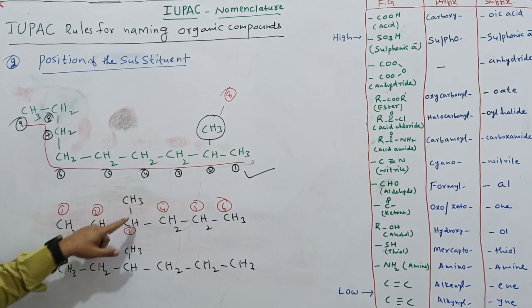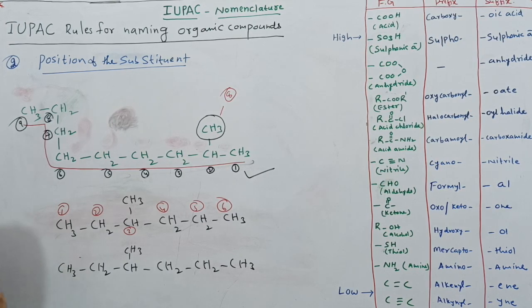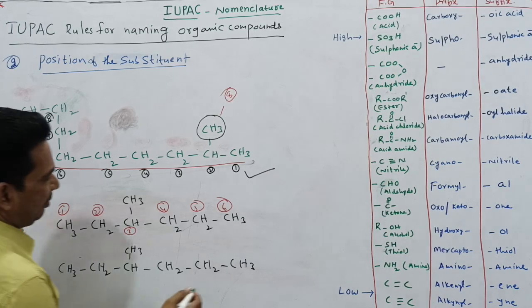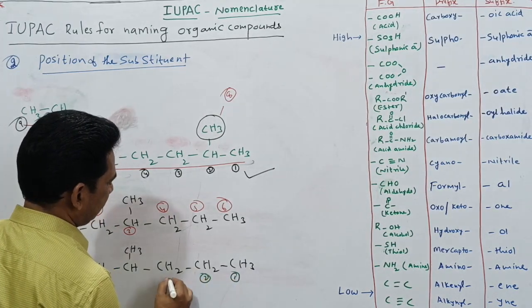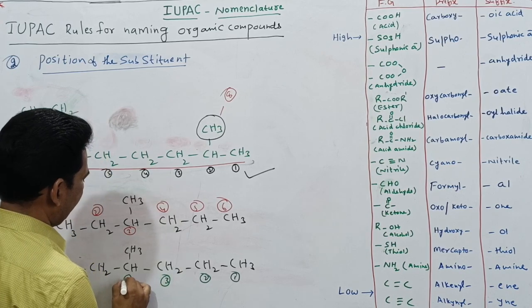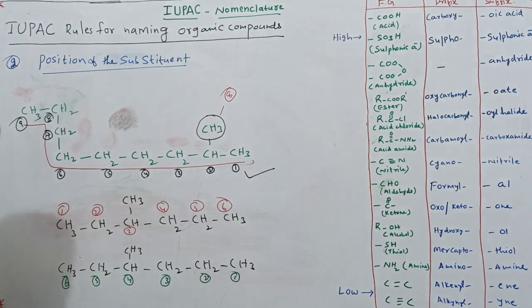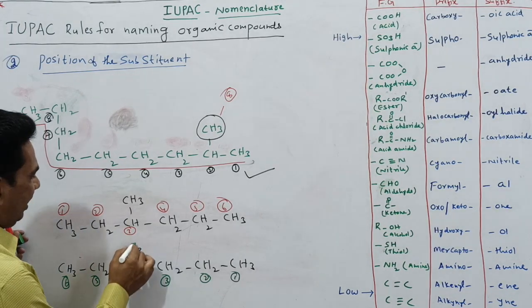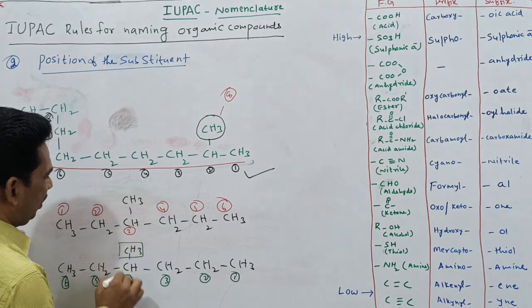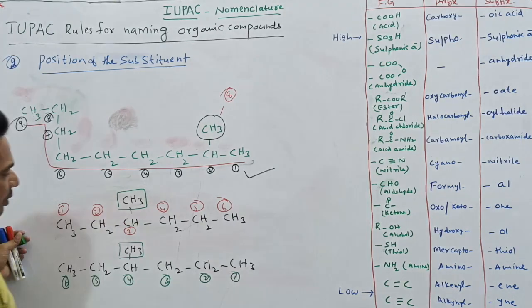Now see, at which position does the substituent come? Third position. Now I will start the numbering from the right side: 1, 2, 3, 4, 5, 6. Here the substituent is going to get the fourth position. In the other case, the substituent is going to get the third position.